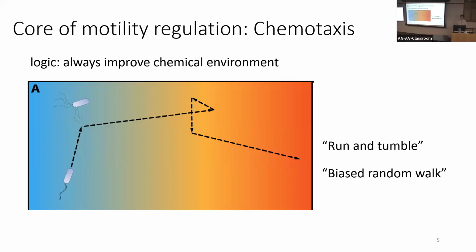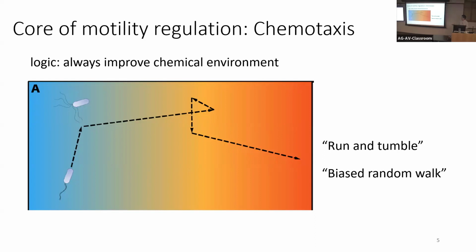What you would observe in any case is a run and tumble model, which describes the movement and the sudden break and then the disassociation of all the polar flagellum, and then reorientation at a random angle.